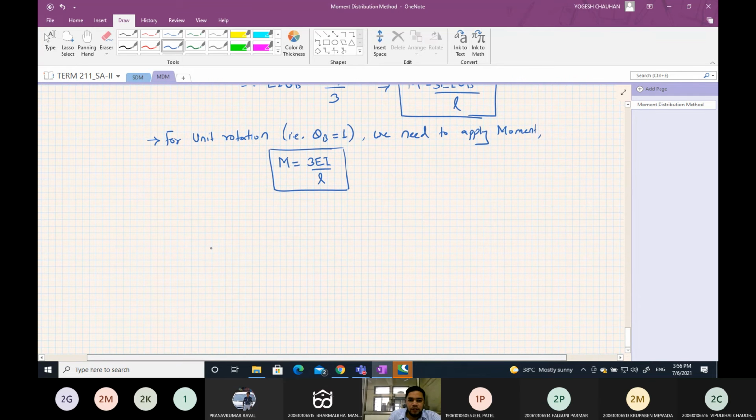So you can say, as earlier, the stiffness, which is the moment required for unit rotation, this implies k is equal to 3 EI by l.